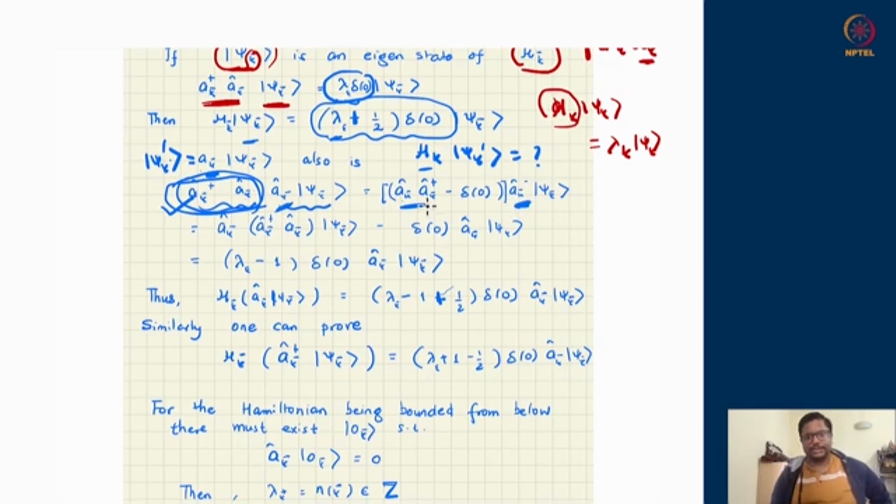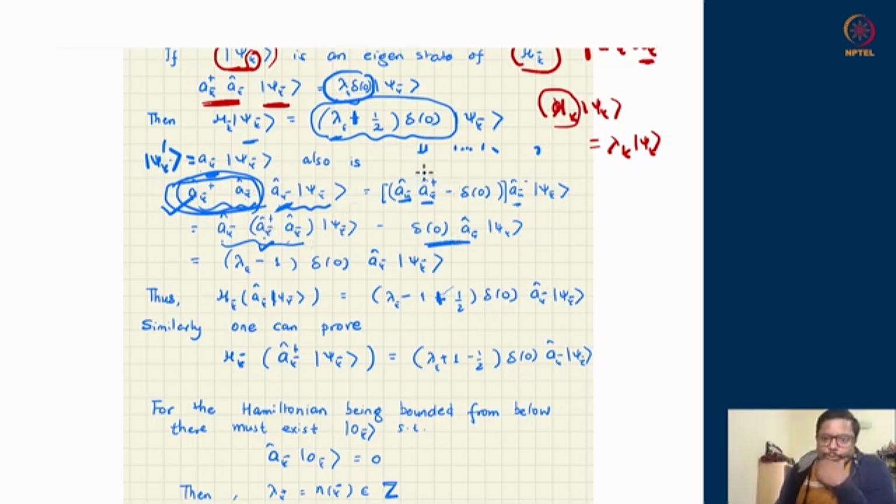Now there will be two terms. First I will get three a_k dagger a_k from this and this put together, and then minus delta_0 times this, which is fine.